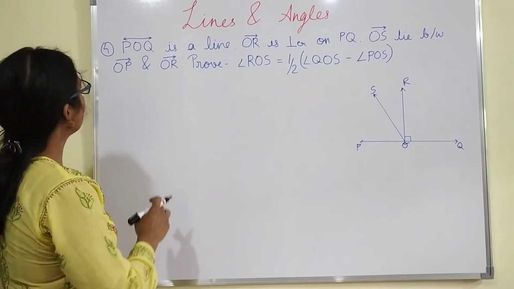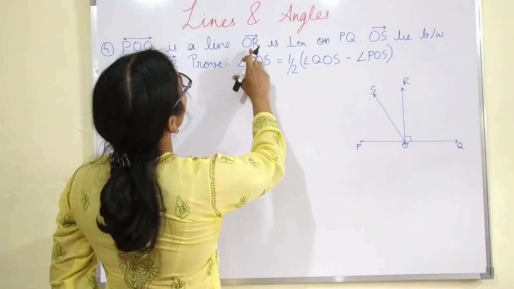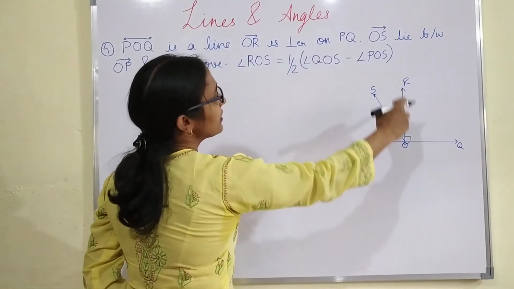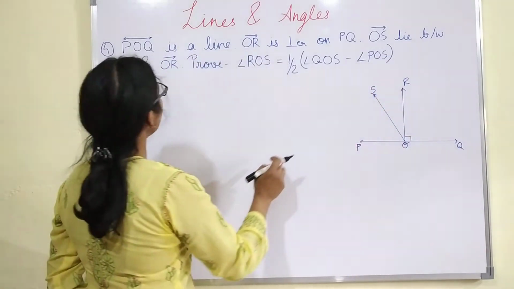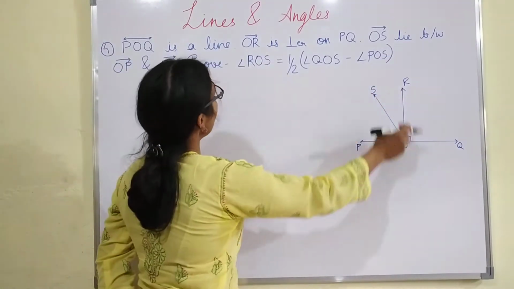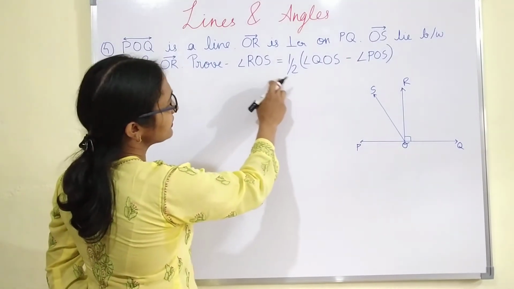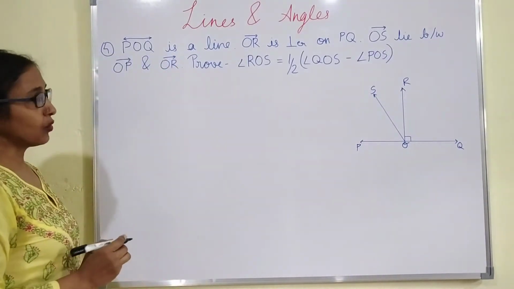Now the fourth example is: POQ is a line, OR is perpendicular on PQ. OS is a line between OP and OR. Prove that angle ROS equals half of QOS minus POS. Okay.